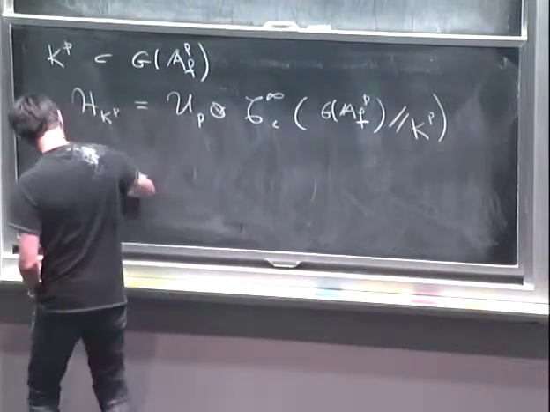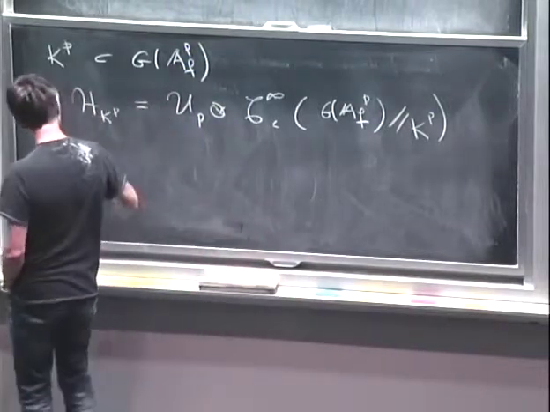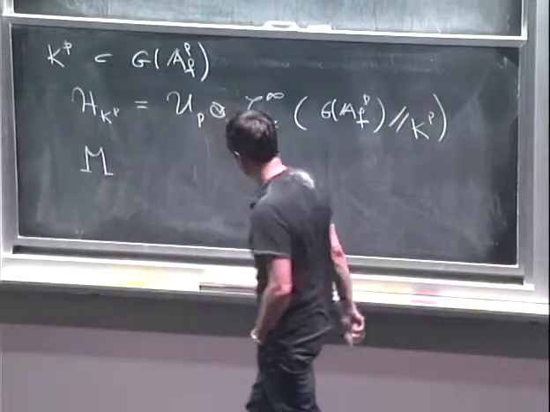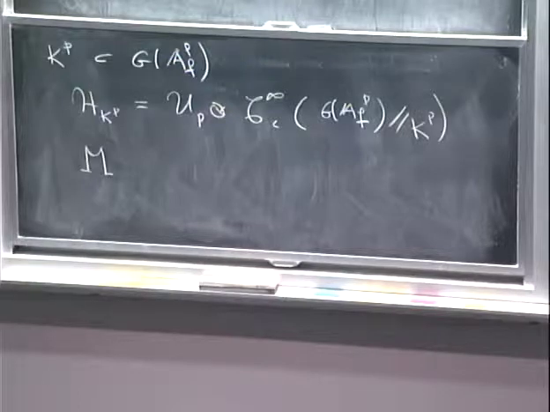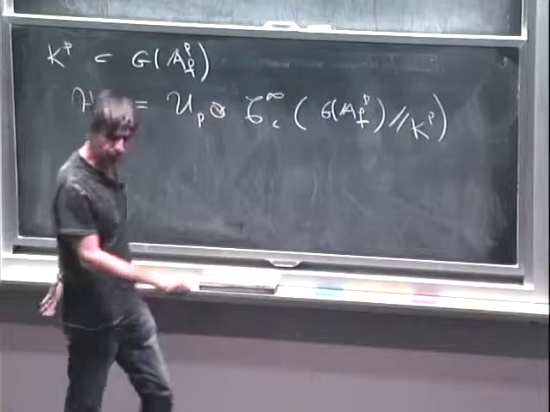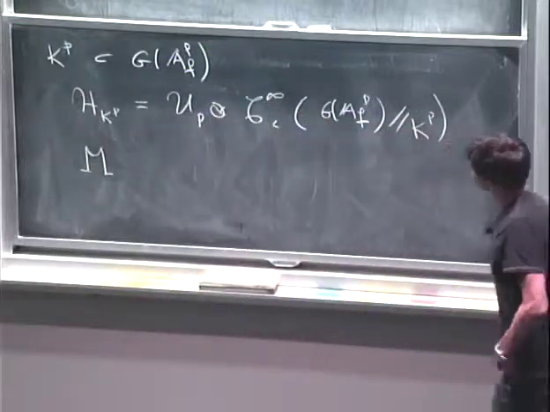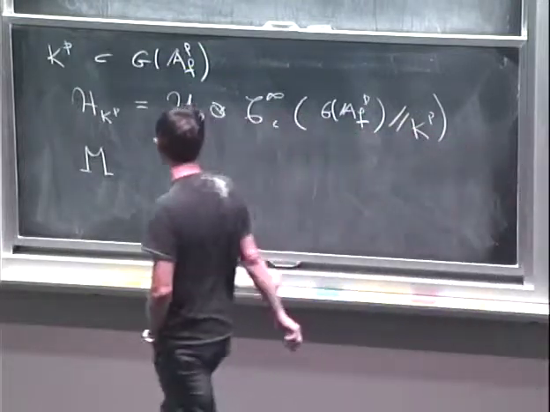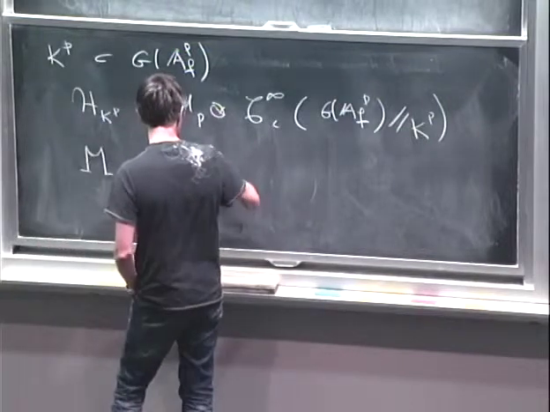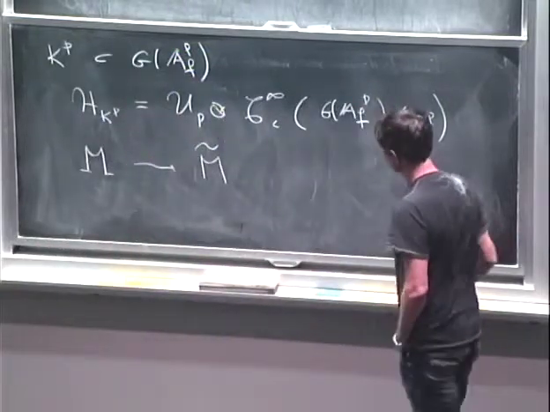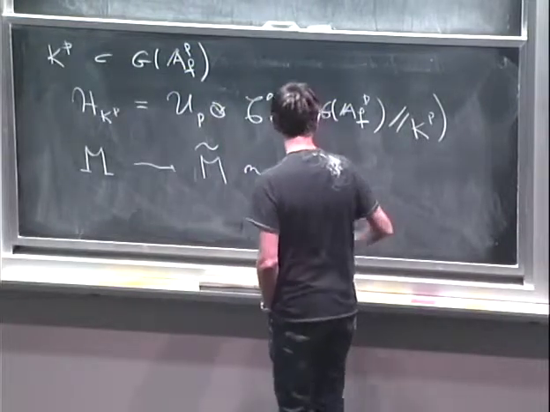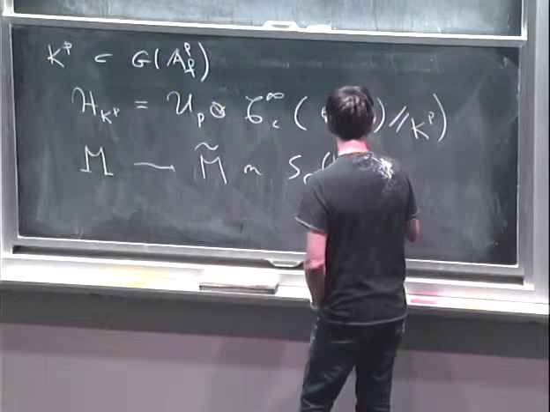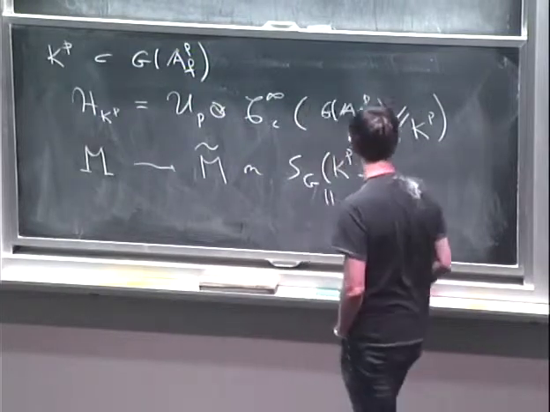If we have a module M on some submonoid of the finite adeles, one can define a local system M tilde on S_G(K^p I), which is a locally symmetric space.